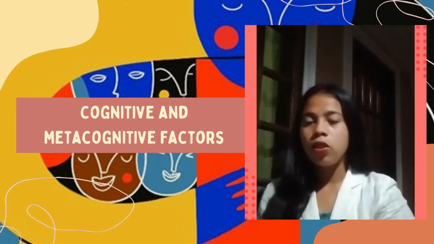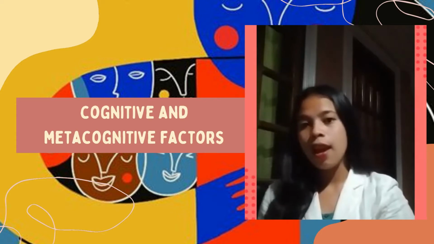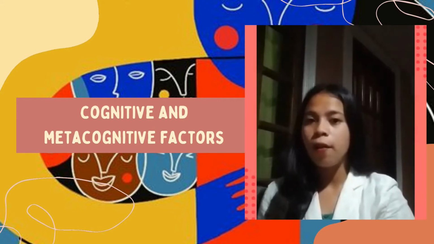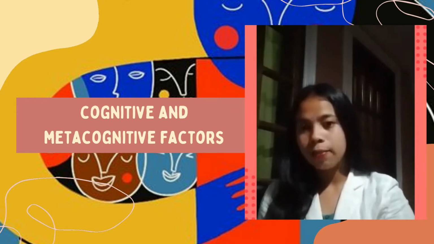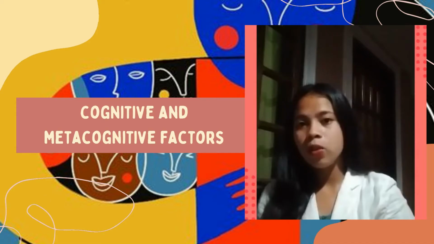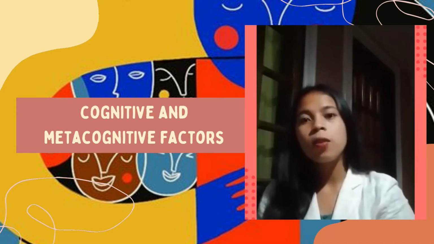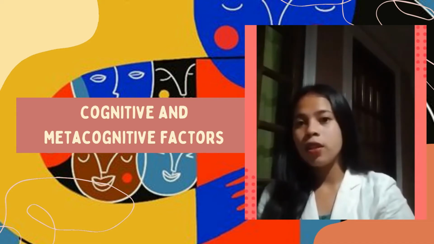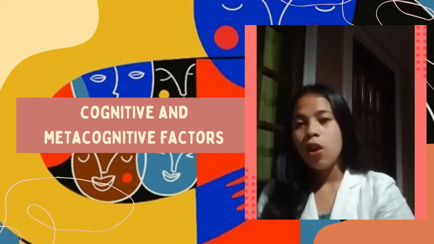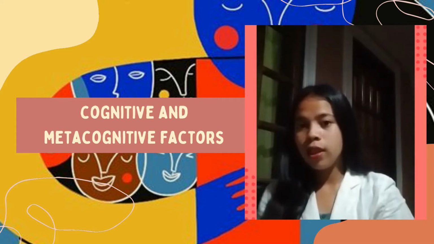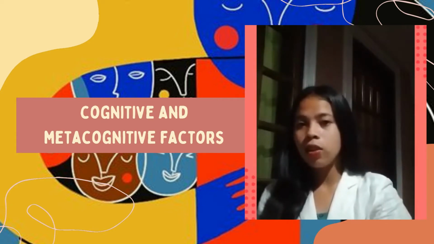Higher order strategies for selecting and monitoring mental operations facilitate creative and critical thinking. Principle number 6, which is the last, context of learning. Learning is influenced by environmental factors, including culture, technology, and instructional practices.